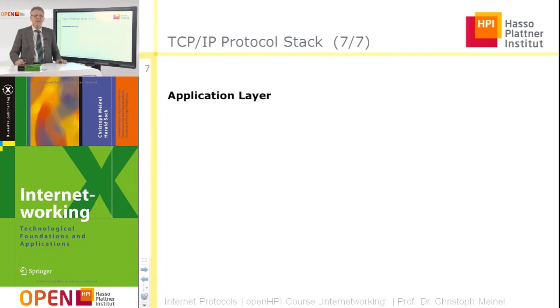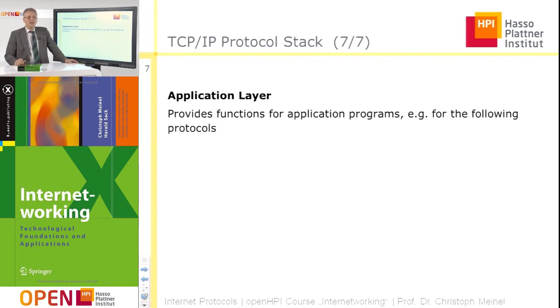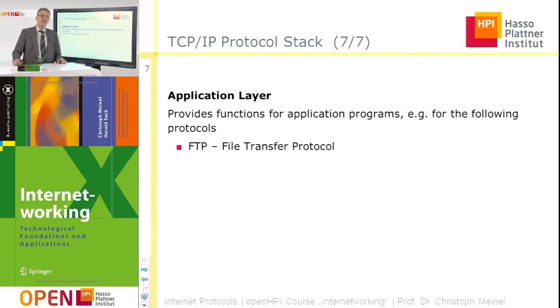And then the uppermost layer is the application layer. Here, functionality is provided so that applications can use the internet for communication. For example, we have a great variety of protocols on this application layer. An example is the file transfer protocol.